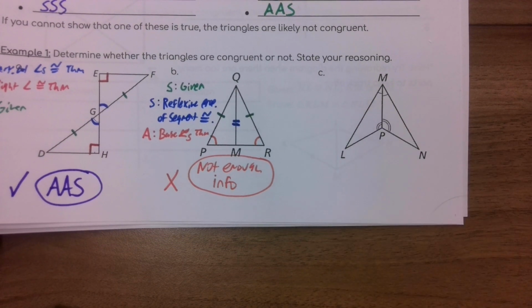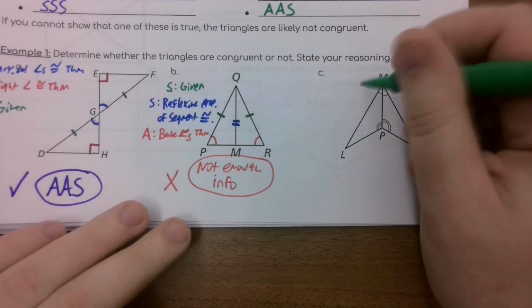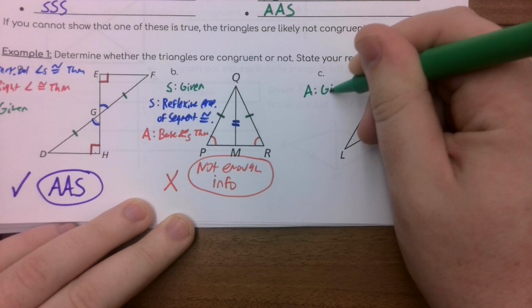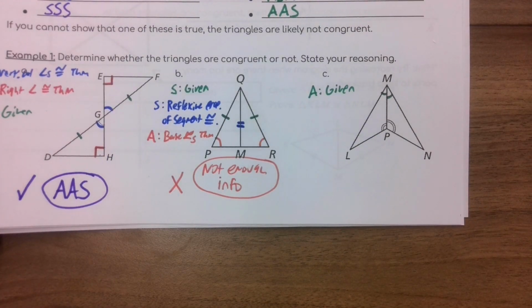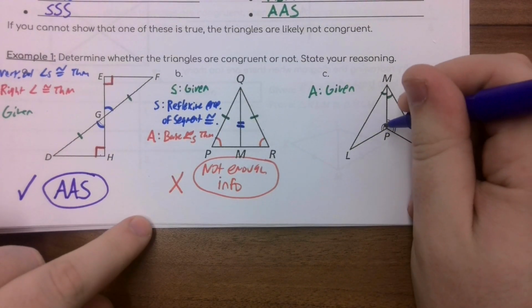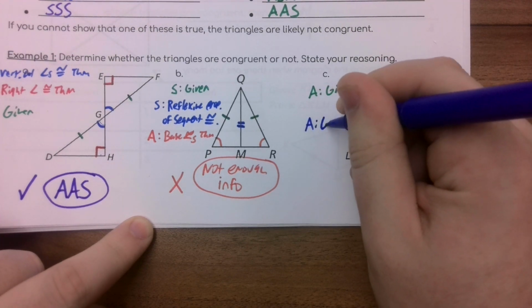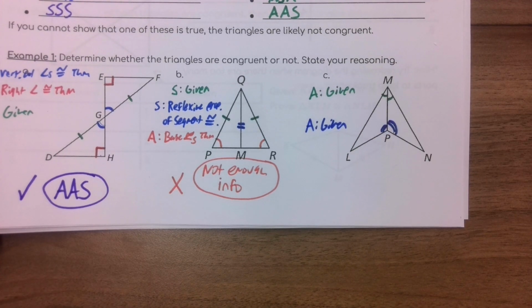Finally, for this one, C, we do have some information that can help us. For instance, we are given that these top angles are congruent, so we got a pair of angles that are given. And we've got another pair of angles on the bottom that are congruent. So these two are also given.